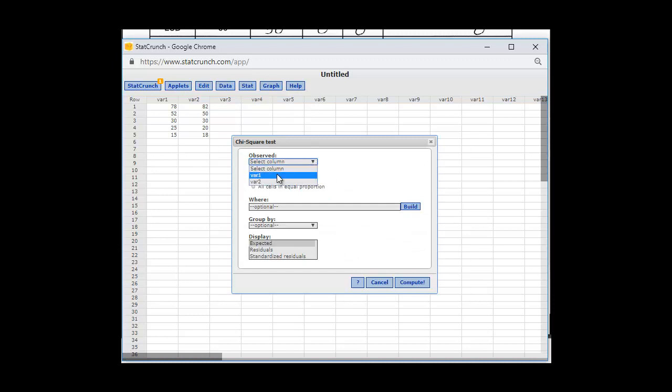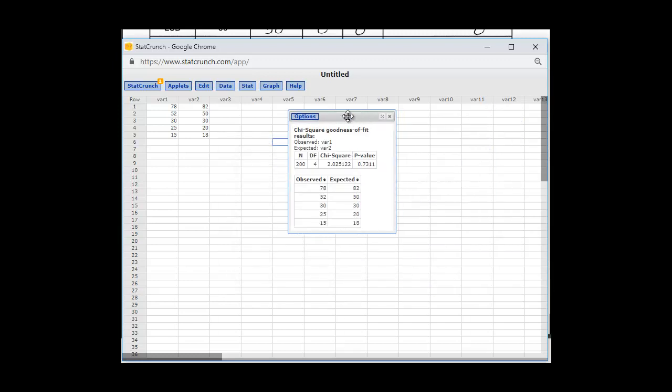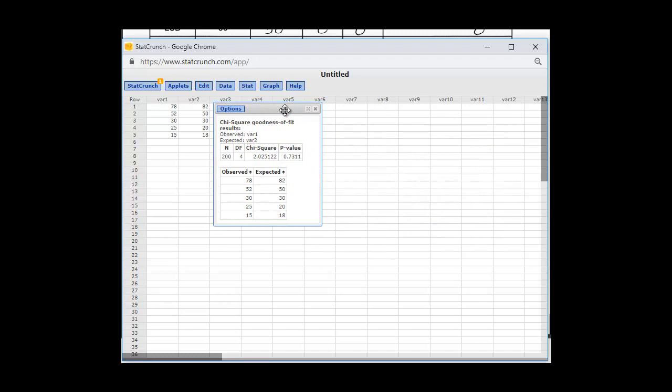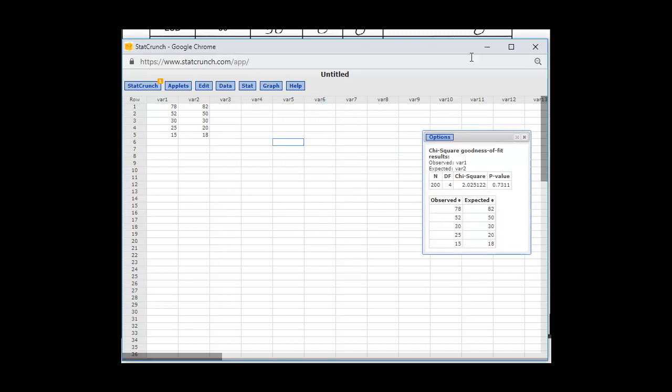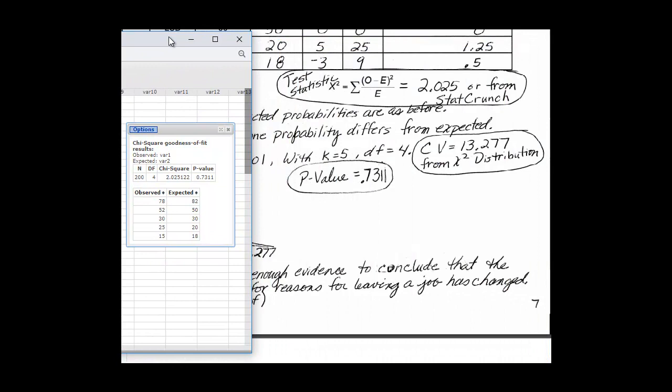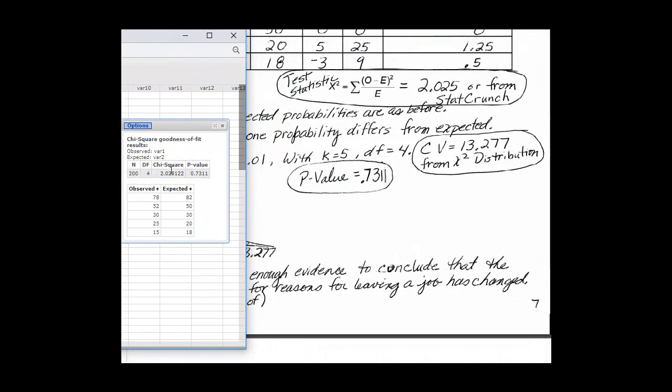My observed frequencies are in var1, and I need to select that var2 has our expected frequencies. Then I click Compute, and I find that our chi-square test statistic matches what we had when we did this by hand.